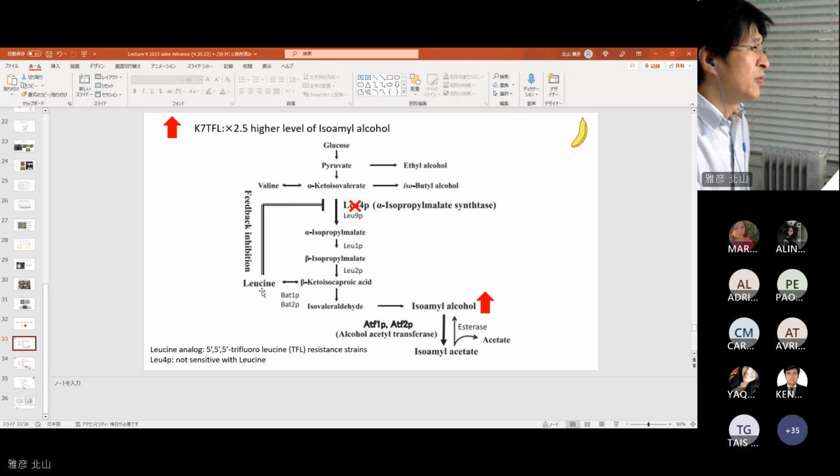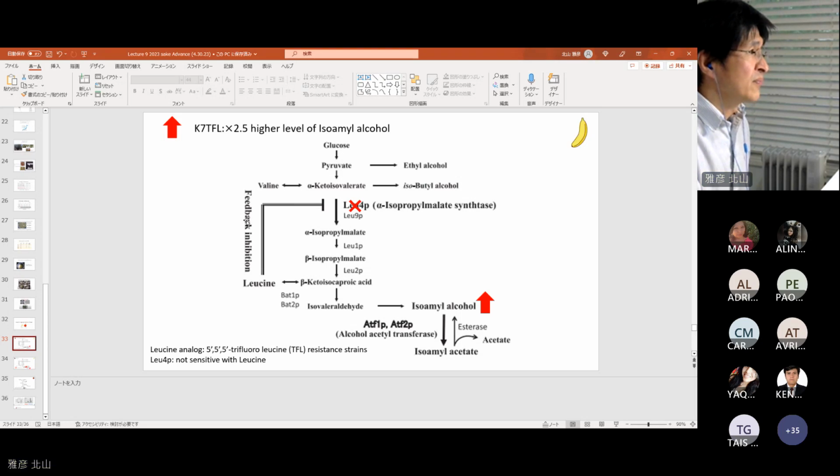Usually, leucine is an amino acid which causes feedback inhibition. If the cell makes more leucine, it will inhibit this enzyme as negative feedback. And this metabolism will be stopped or inhibited.